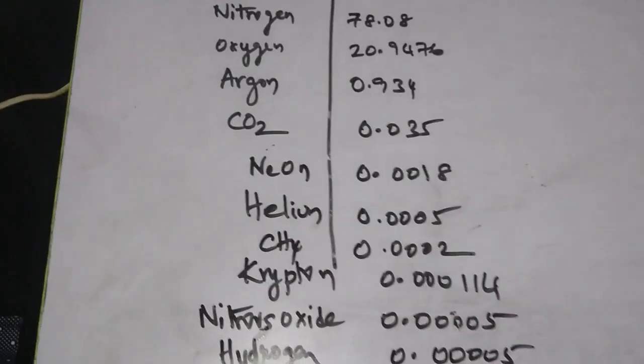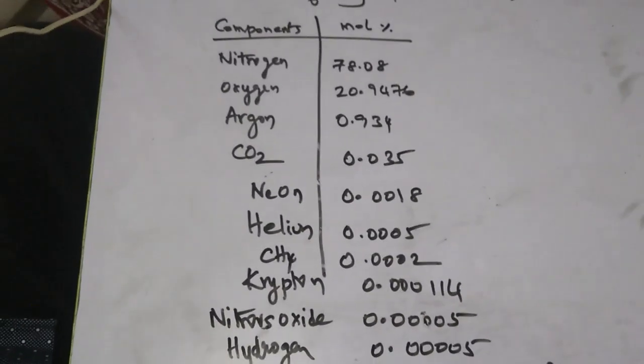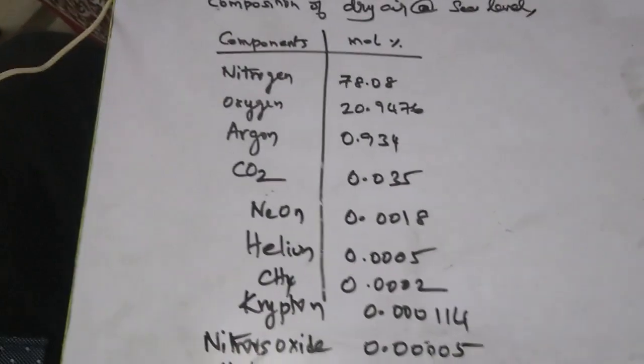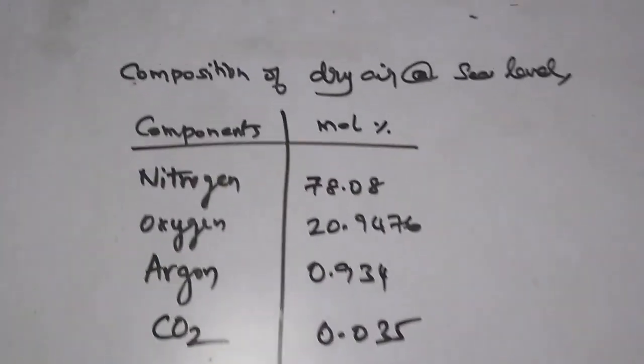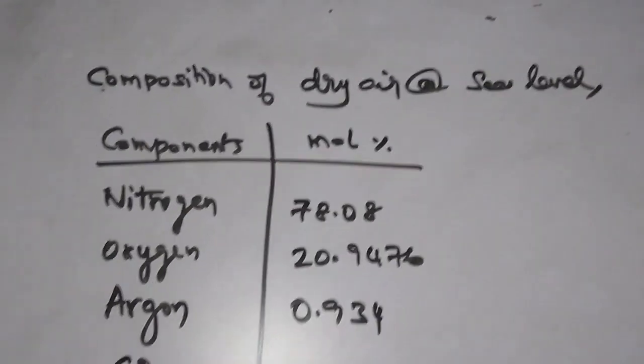So this is the typical composition of dry air at sea level.